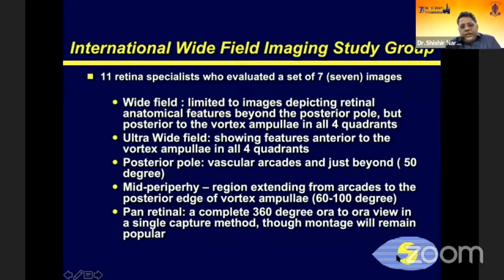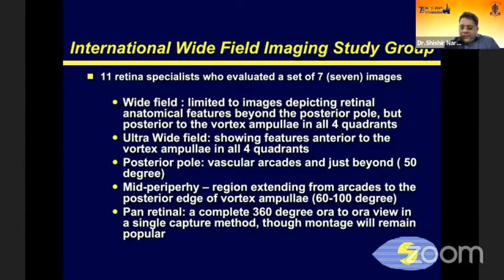Wide field angiography would be limited to images that could take in all four vortex ampullae in one shot, while ultra wide field imaging shows all four quadrants beyond the vortex ampullae. The posterior pole was the area of about 50 degrees, while the mid periphery was the region between the posterior edge of the arcade up to the vortex ampullae.